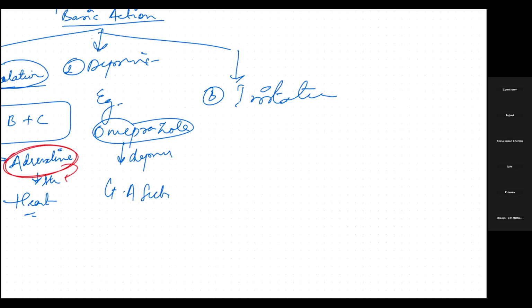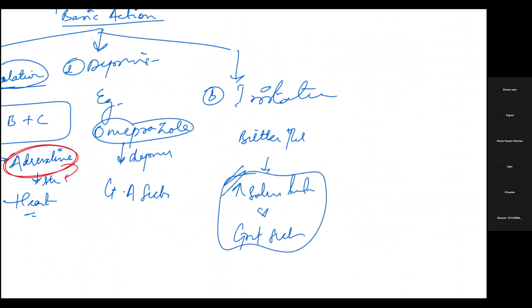Like bitter taste food increases the salivary and gastric secretions. Although it is an irritant, it is helping in increasing the secretion of saliva and gastric juice.